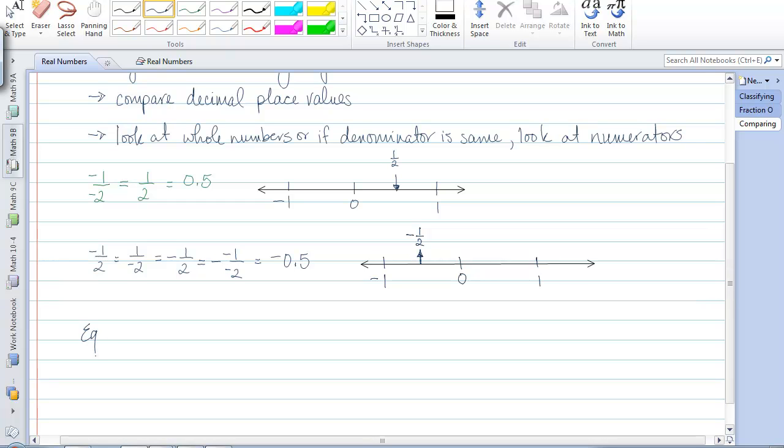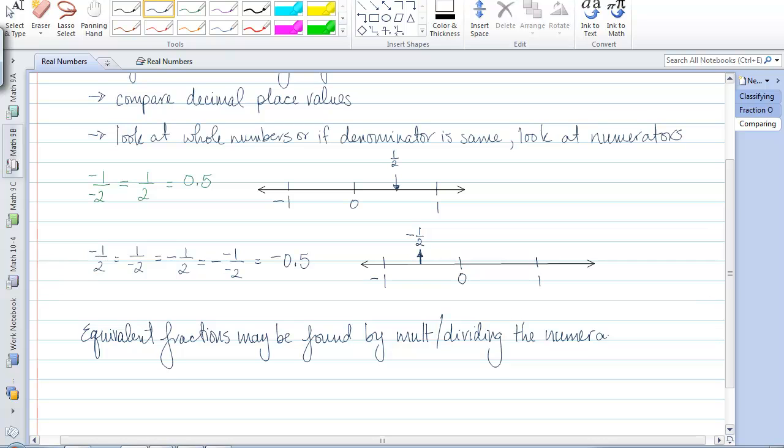So let's just write: equivalent fractions may be found by multiplying or dividing the numerator and denominator by the same number.